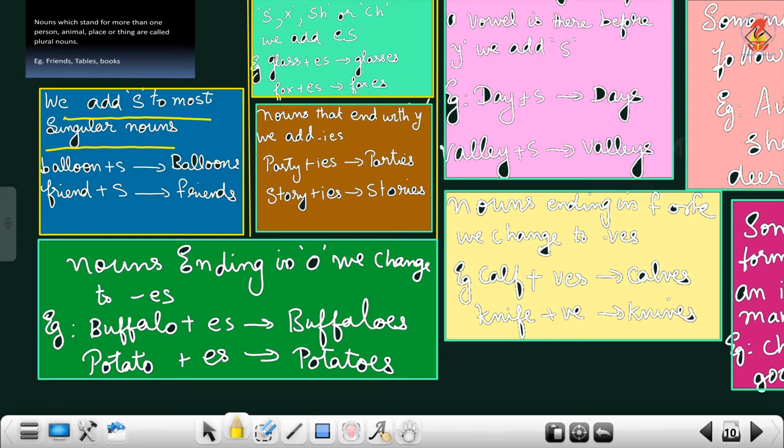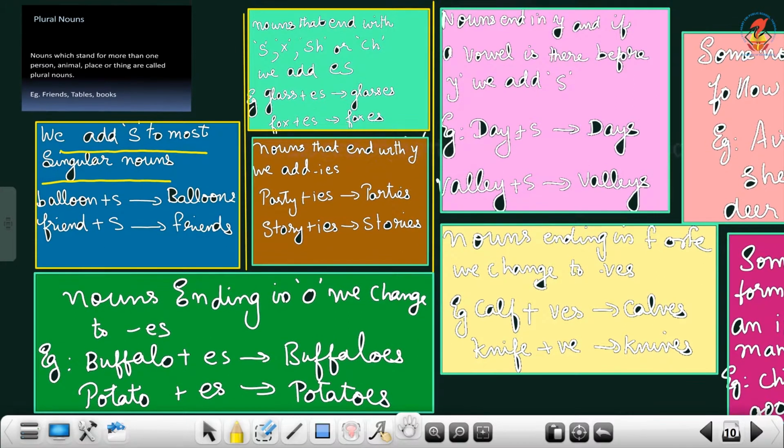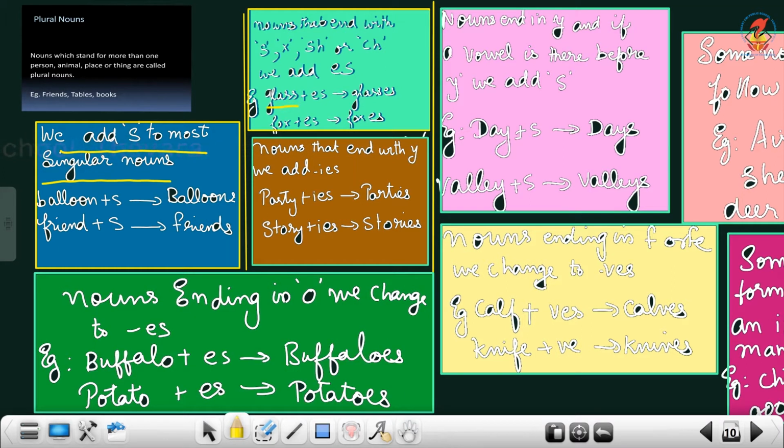Then, in case of certain nouns that end with s, x, ch or sh, we add es to it. For example, glass plus es, glasses. We have to add es, glass ending in ss, or x, sh or ch.